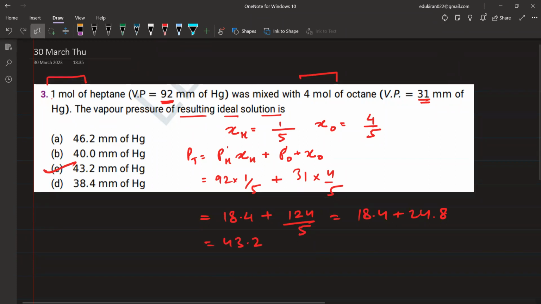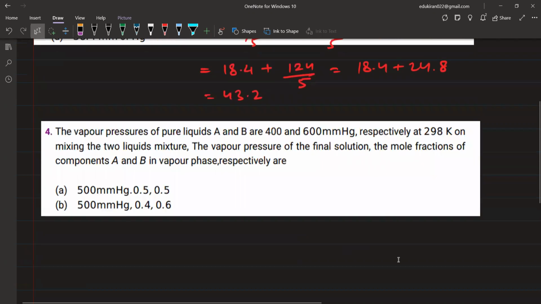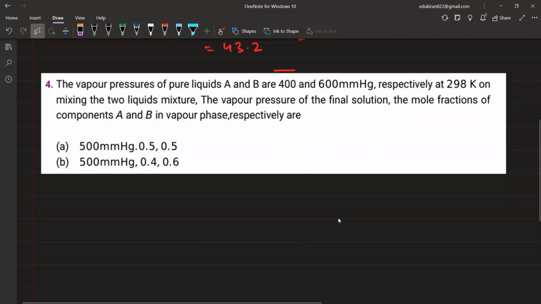Okay, and fourth one बोल रहे थे ना? The vapor pressure of pure liquids A and B are 400 and 600 mm of Hg respectively at this much temperature. A or B option हमने लिया है, C or D option. Wait a second, guys.